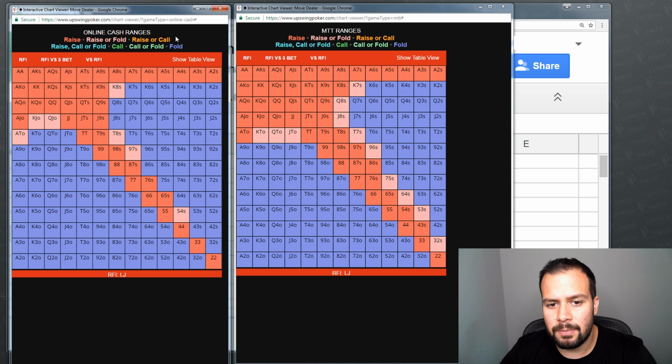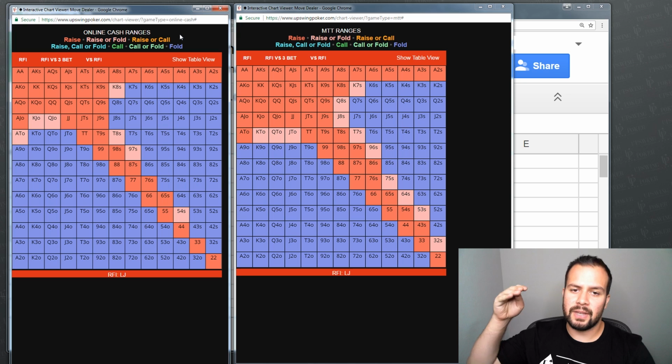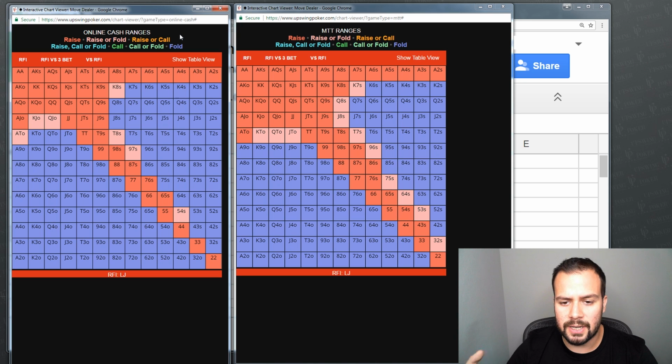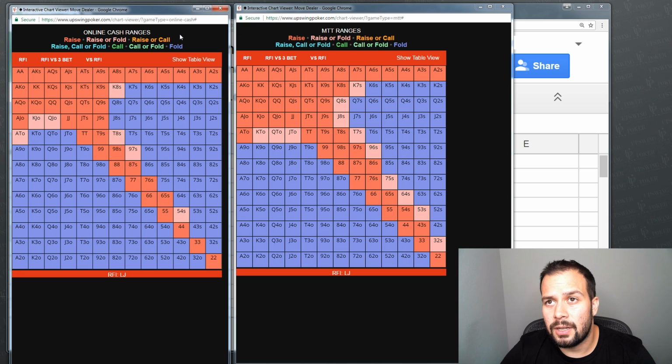So the impact is such that in the MTTs you're just raising more hands. Your default range is going to be wider, and your optional range is going to be wider. Really the effect is because generally you'll pick similar-ish raise sizes. You might raise a little bit bigger in a tournament, but you're just winning more when you steal the blinds.